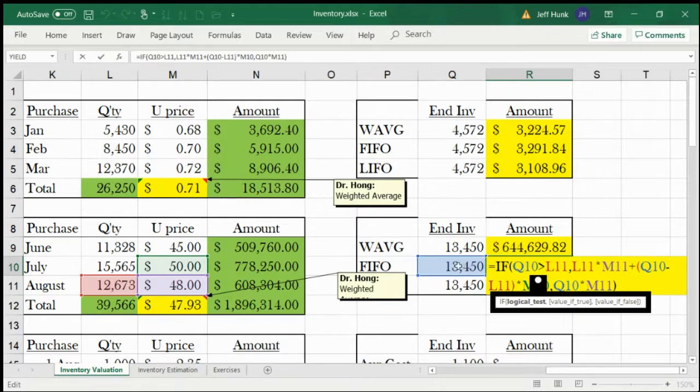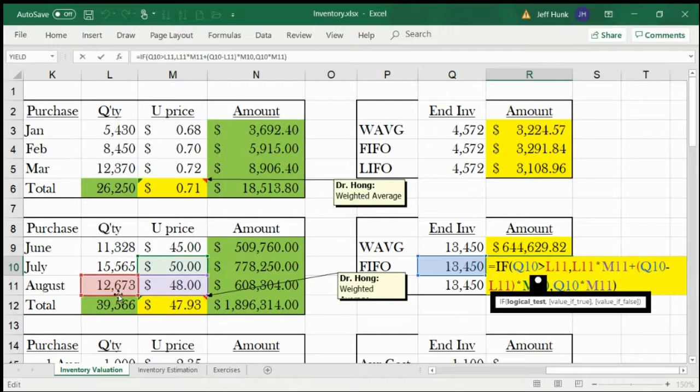I used a reverse logic of that. If this ending inventory is greater than this, it's FIFO, so whatever is left comes out of the later purchase.